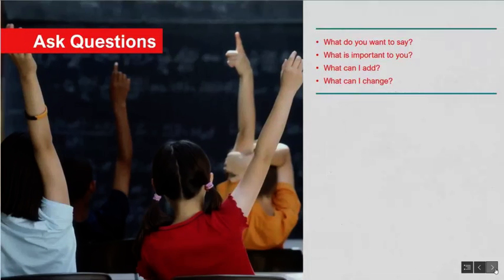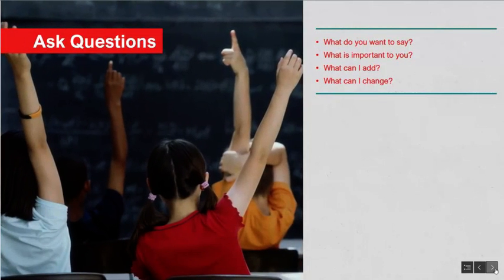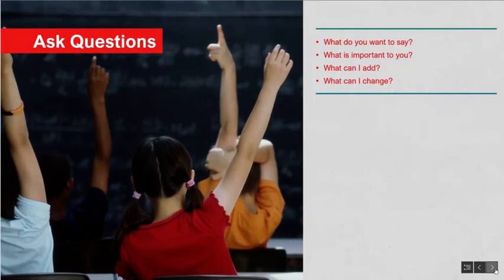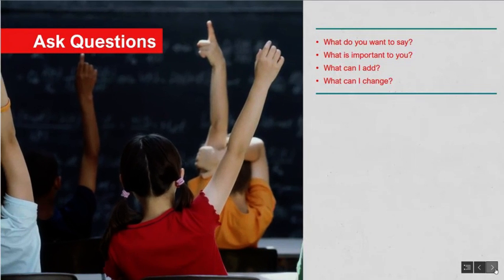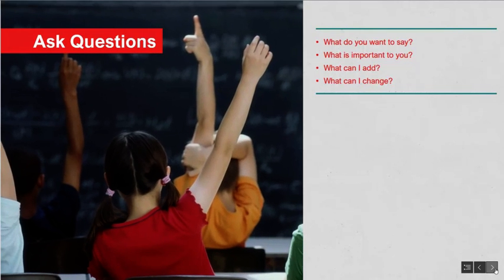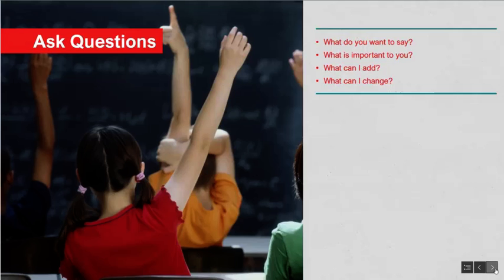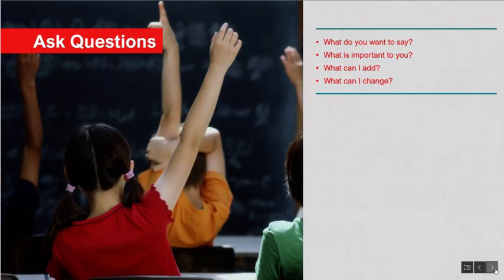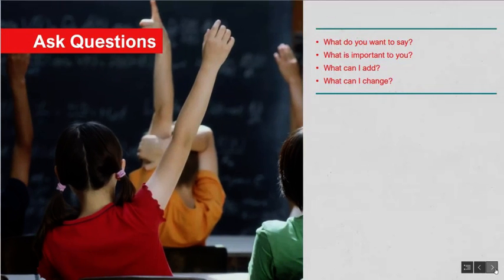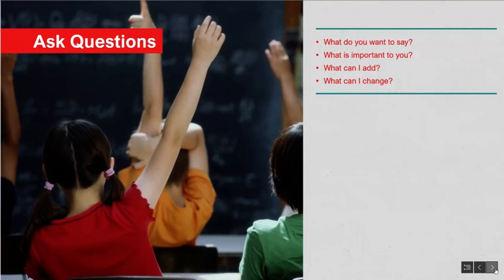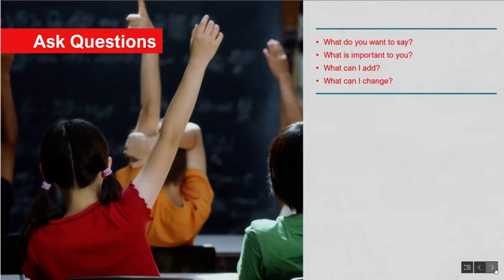So after you've collected and you've narrowed and you've done all this whittling down, you need to ask yourself some questions. Look at all of your research and think about what you want to say. What is it that's important to you in this? Is there anything that you personally can add to this from a personal anecdote, something that you went through? And is there something that you could change?